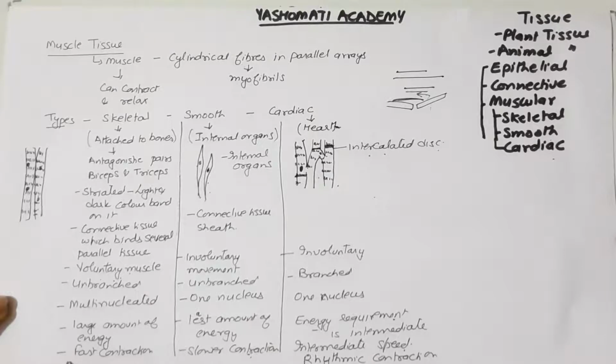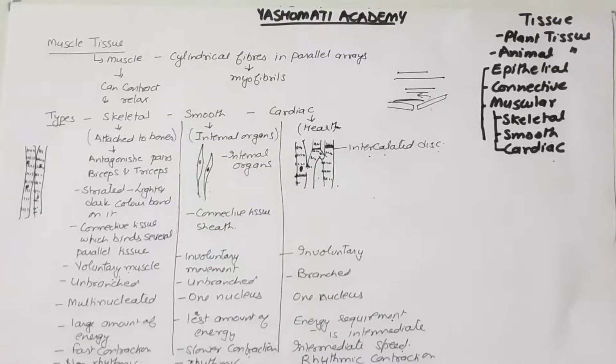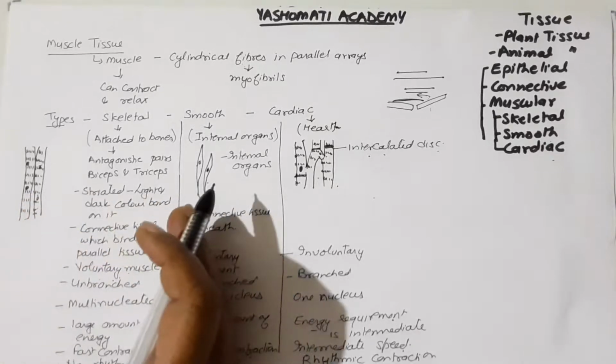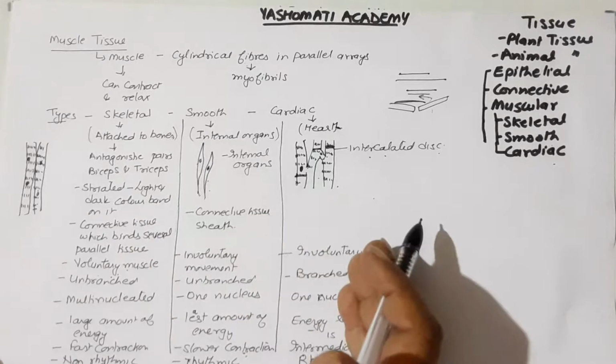So it may be rhythmic, may not be rhythmic. Whereas smooth muscles have rhythmic contraction. So this way you can see that there are certain similarities between skeletal and smooth and certain similarities between skeletal and cardiac and so on.